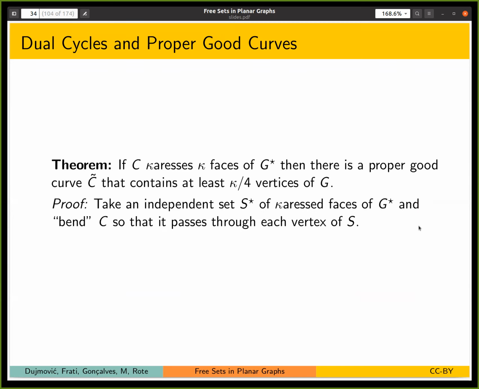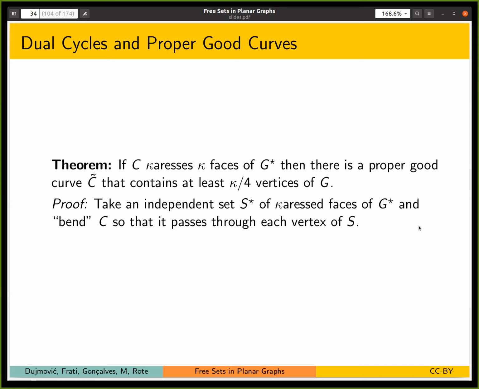And that is just by doing exactly the trick that I showed on that earlier slide of bending the curve so that it goes in and picks up a vertex. The only thing you have to be careful of is the faces that you do that on.